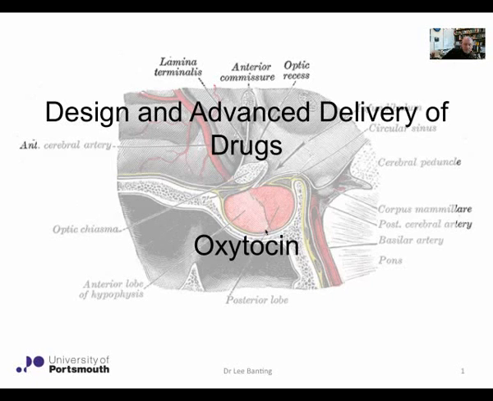Okay, what we're going to do with this video cast is really pick up from the lecture. I suggested to you that it might be advantageous to just go through the chemistry of the system again and then complete the computer-aided molecular design part of the unit.